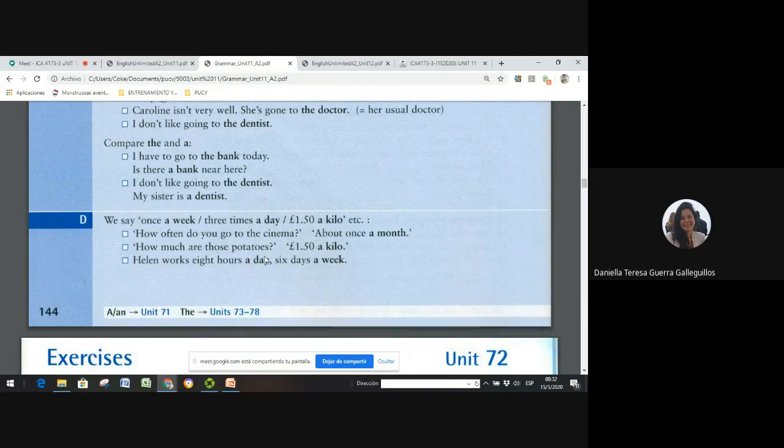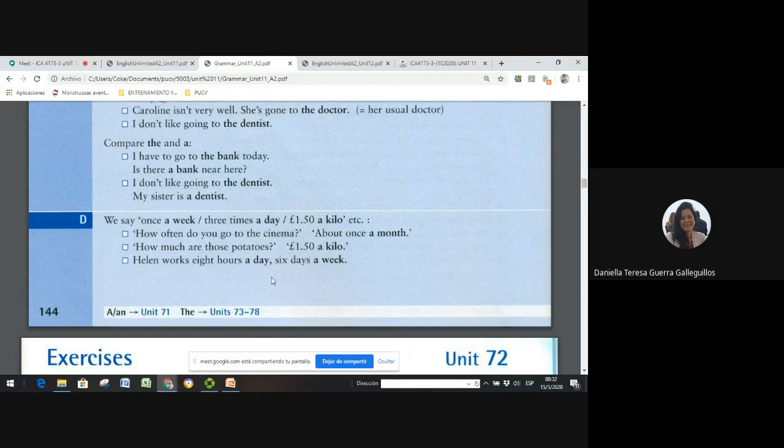And how much? When you talk about the price of something and you want to say the price in connection to the weight, you say, for example, 1,000 pesos a kilo, when you say per, por kilo, per week, por día. You can also say a kilo, a gram, a liter.